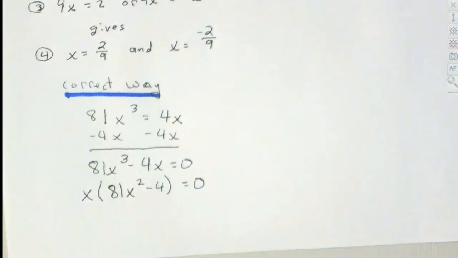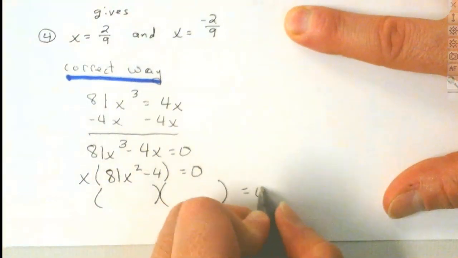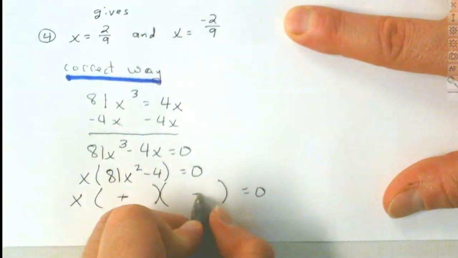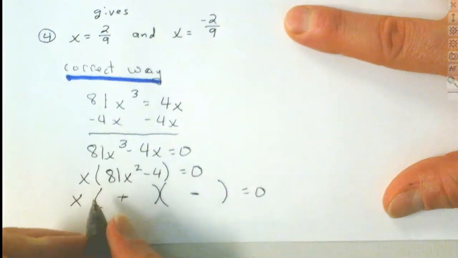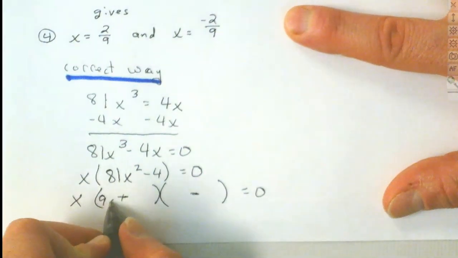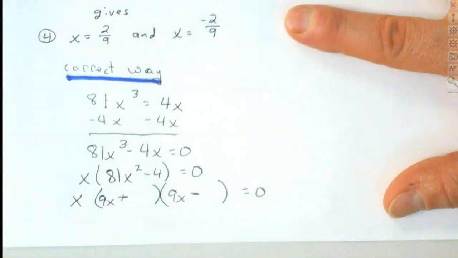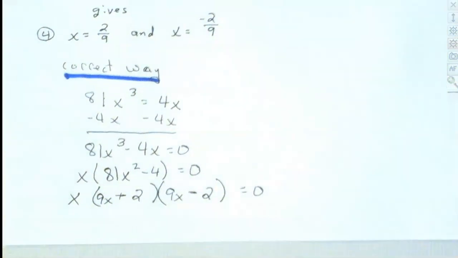This is the difference of squares, isn't it? 81 is a perfect square, 4 is a perfect square, so that means we can factor it. Bring our x down. One of these is positive, one of them is negative. 81 is a perfect square of 9, so that makes 9x and 9x. And what about 4? 2 and 2. One is positive, one is negative.